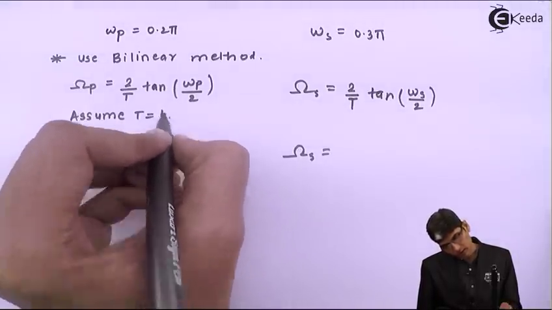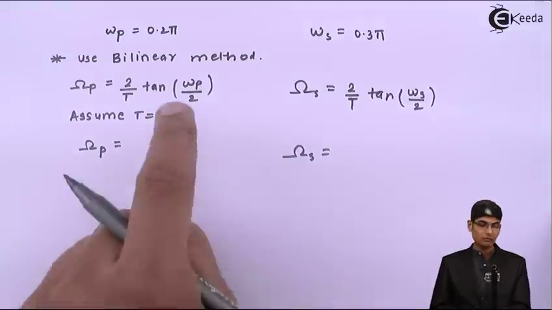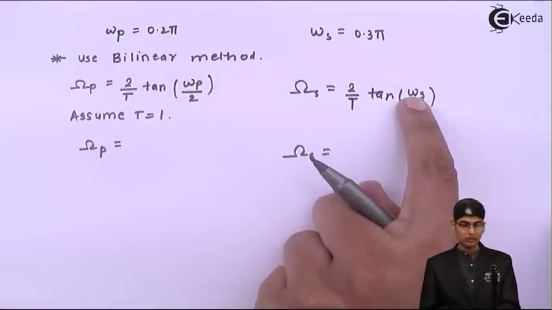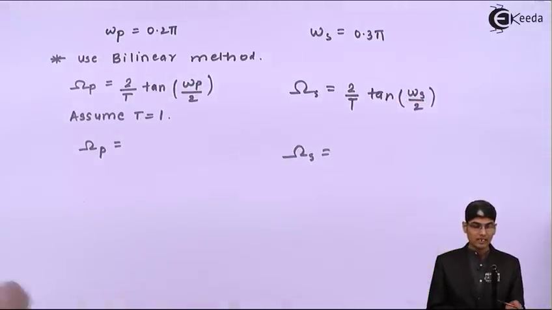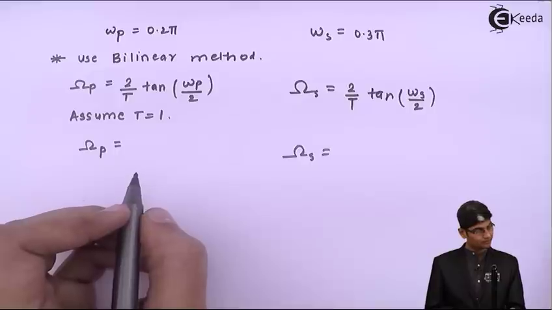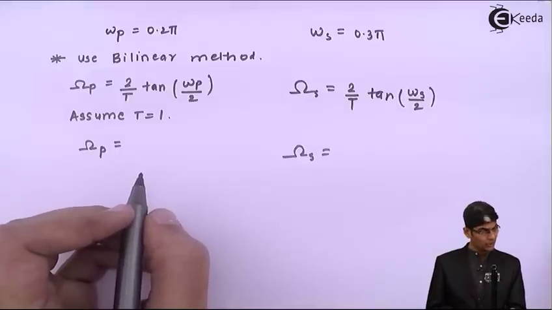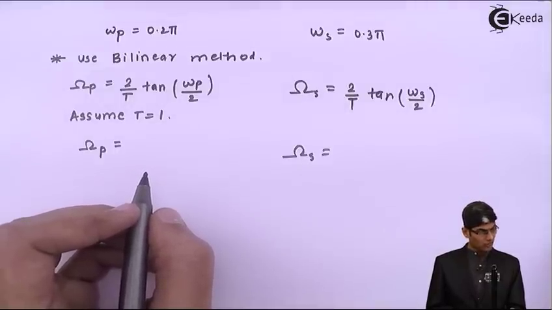So I assume T to be equal to 1, substituting omega p as 0.2 pi and omega s as 0.3 pi, and solving further, we will get the answer as omega p and omega s.